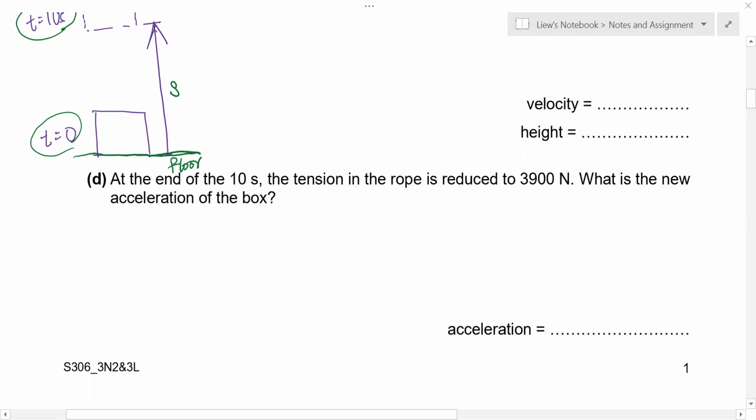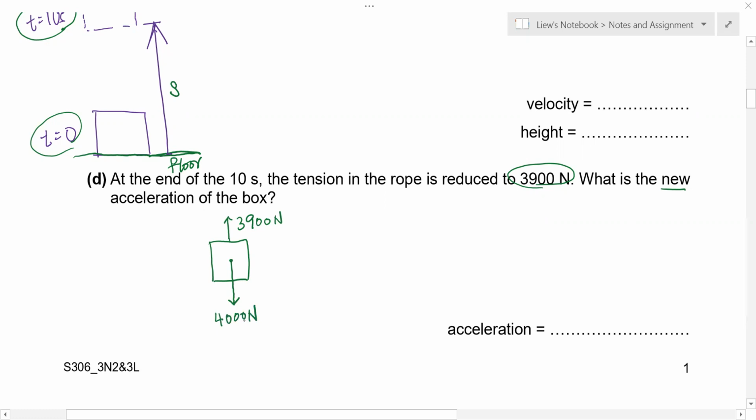Since now you have a new value of tension and a new value of acceleration, question D is no longer linked to B and C. So in this case, what we have here is a tension which is 3,900 newtons, and the weight is still 400 times 10, which is 4,000 newtons.